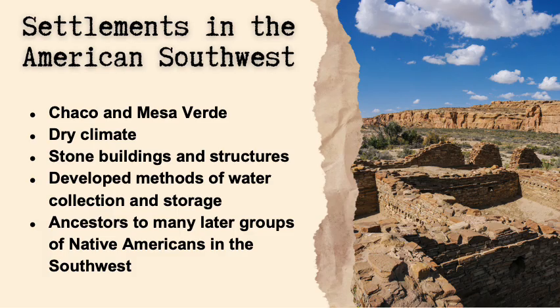Rainfall in the area amounts to an average of only 8 inches per year, so water from the nearby Chaco River had to be used carefully. Both the people of Chaco Canyon and Mesa Verde developed water storage systems, also constructed from stone, to ensure adequate water supply for their populations year-round. Later, Native American peoples like the Navajo considered the Pueblo peoples of Chaco Canyon and Mesa Verde to be their ancestors.